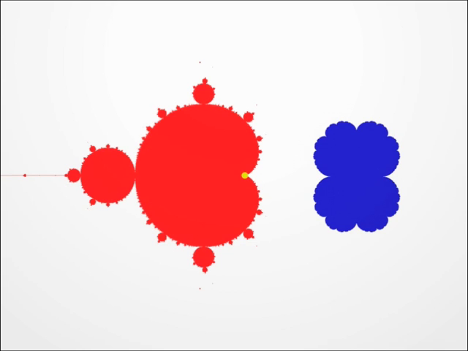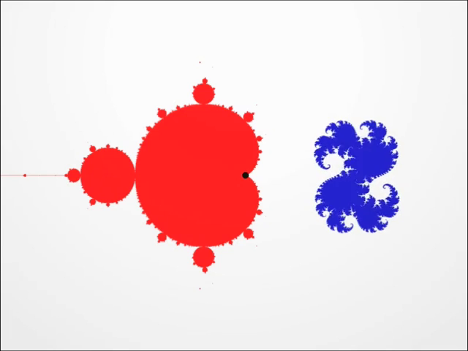On the left-hand side, the red side, you can see a point that will start to move. This is the point c. On the right-hand side, you see the corresponding Julia set.